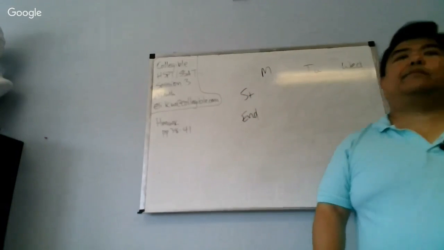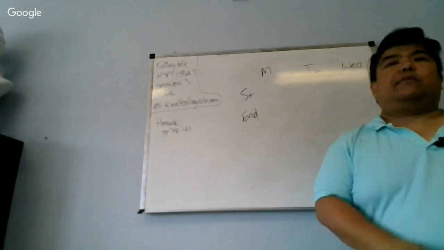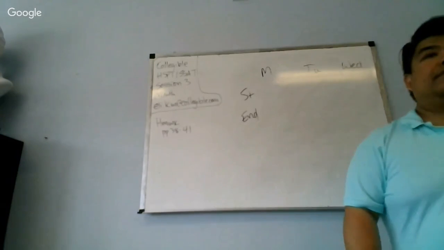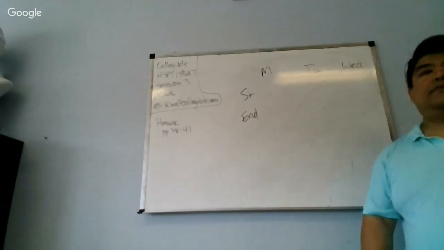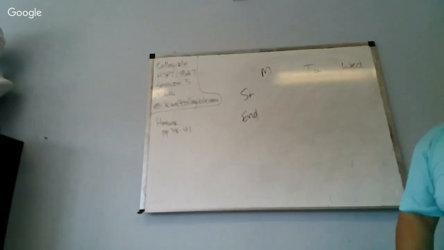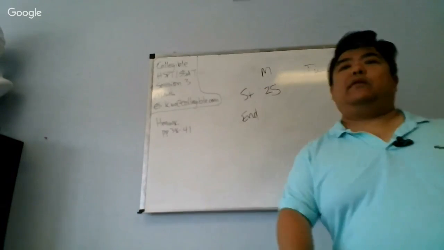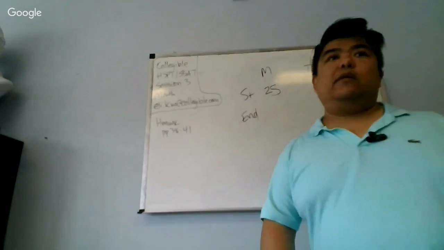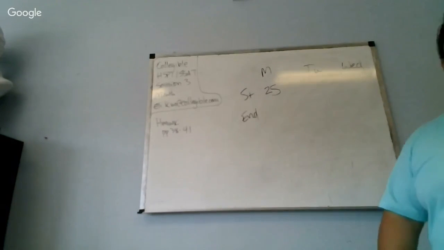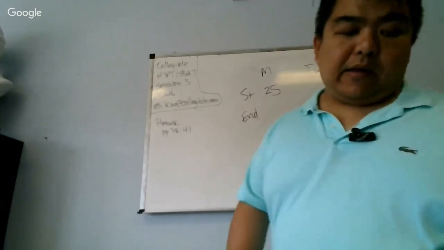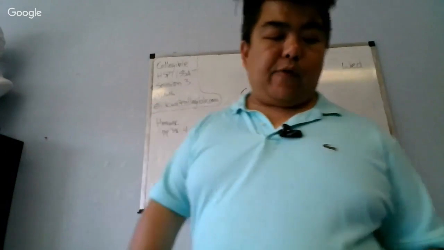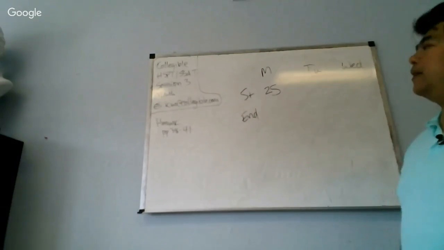Okay, how would you do this one? Monday is 25 in the beginning. What happens? Okay, by how much? Okay, so that goes down $4.